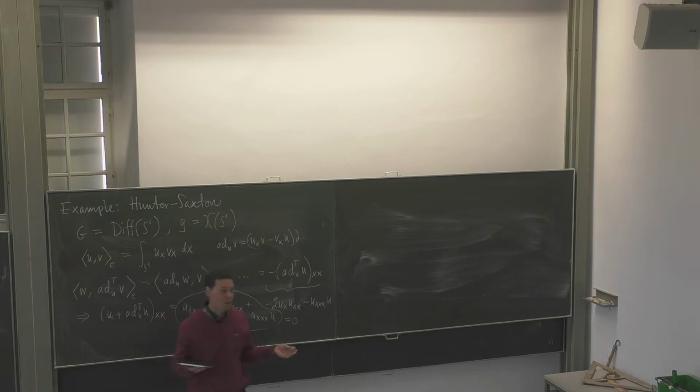There are plenty of equations that fit into this. Camassa-Holm is another one. All the various versions of Camassa-Holm, most of them fit into this framework for H1 type metrics. Sometimes you need just a group of diffeomorphisms. Sometimes you need to extend the group a little bit to take care of the extra constants in the general Camassa-Holm equation.